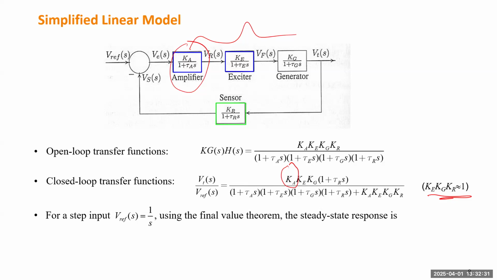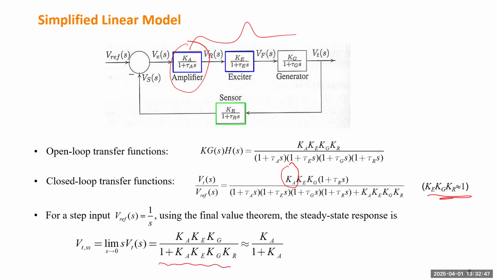All right. So if we consider a step input, using the final value theorem, the steady state response will be just letting s be 0. So the steady state voltage will be this one. And if you assume this one is around 1, and those three are around 1, you have this term.